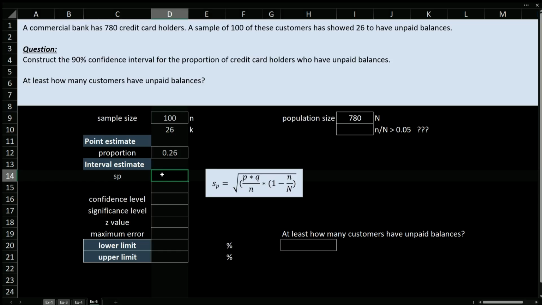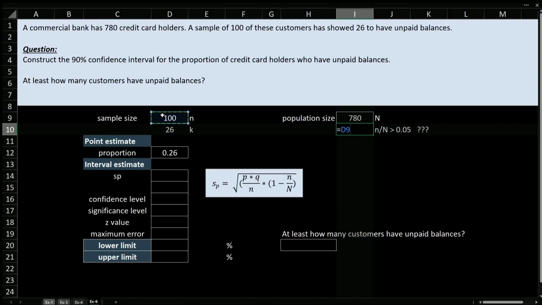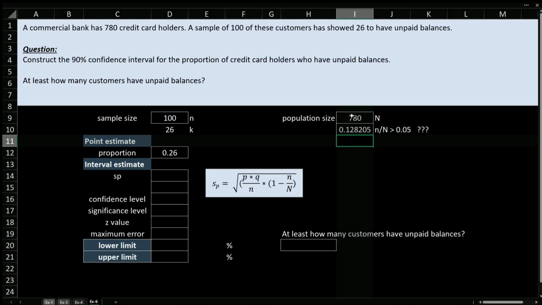And standard error is going to be this ratio, pq over n, but it should be multiplied by the correction factor, n divided by N, lowercase, uppercase, sample size divided by population size. So it is greater than 5%, it is almost 13%, then we need to multiply by correction factor.